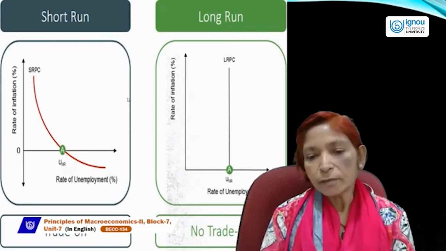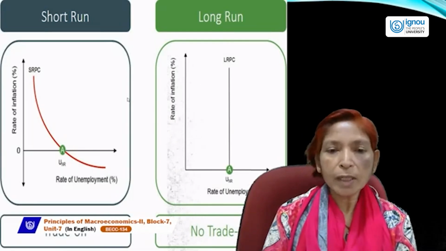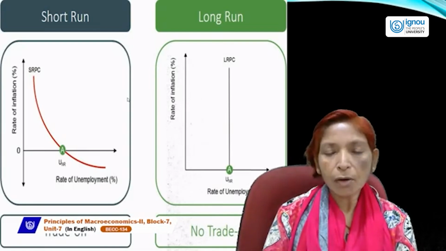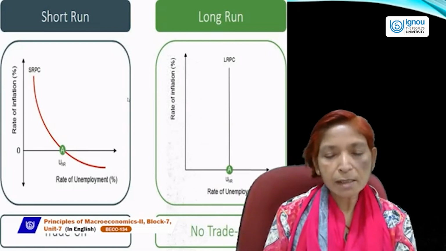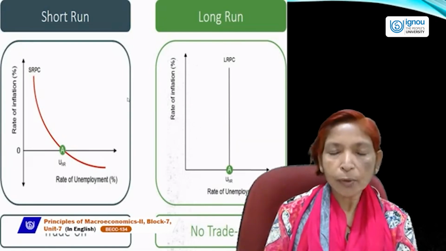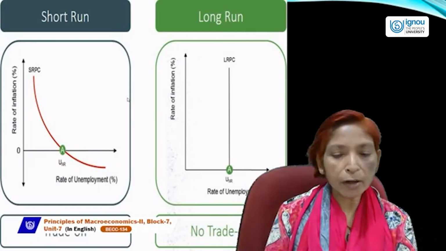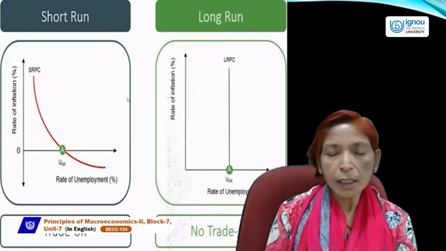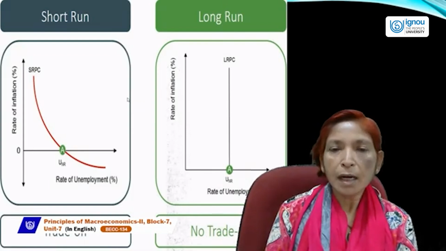And the long run Phillips curve will always be a vertical line, parallel to the y-axis, because it is showing that there is no trade-off between inflation and unemployment.